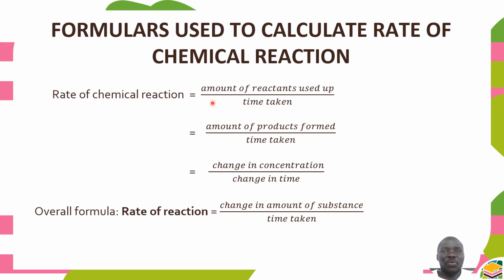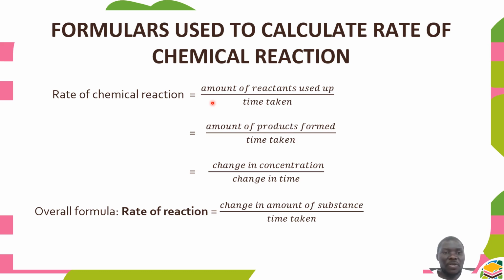For example, if you know the rate of chemical reaction, you'll be able to know the amount of products that can be produced by a specific time. And you can know which part you're supposed to add more to produce more products per time, based on the time frame given as well as the supply. So it is very important to calculate rate of chemical reaction, most especially in industry where goods are going to be produced.